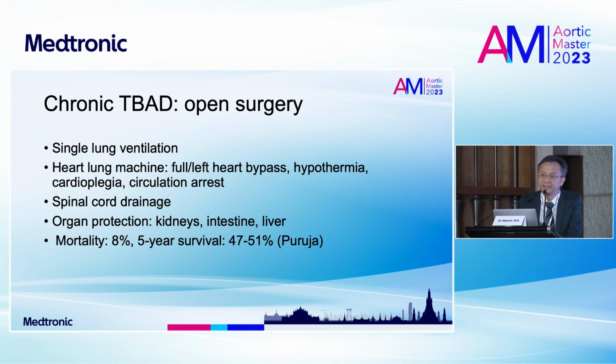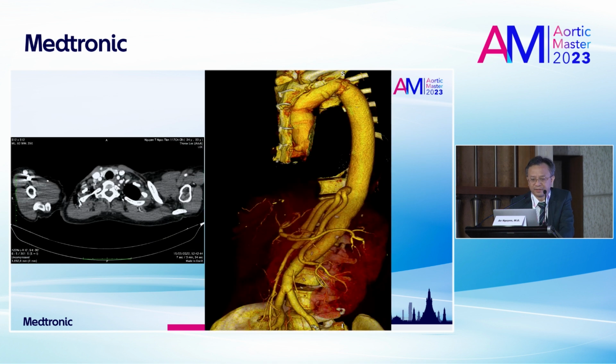It is very complicated, and it makes coagulation very difficult when we start again, especially with a very long extension of the aorta. We use spinal cord drainage. Another problem of open surgery is protection of the abdominal organs, especially the kidneys and small intestine. So the operation is quite complicated.